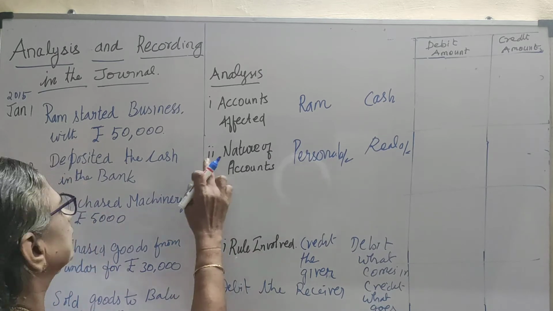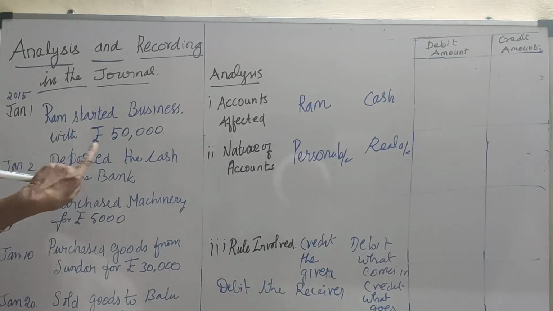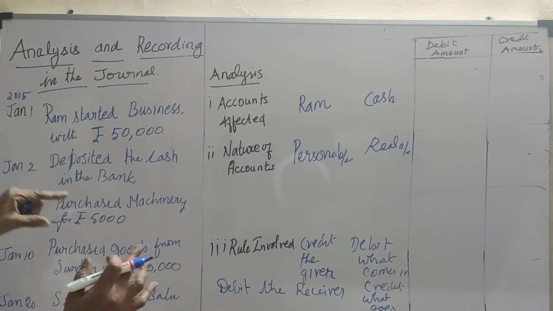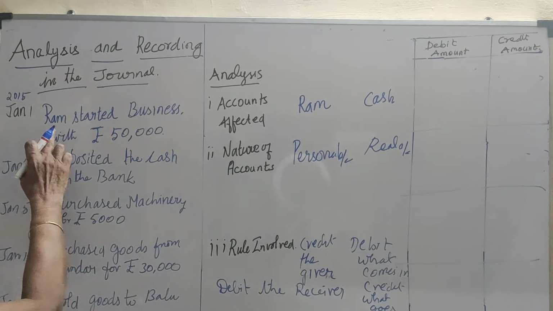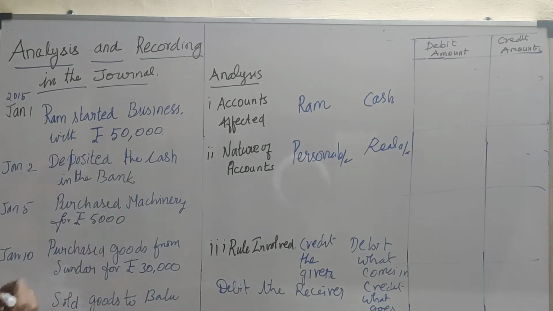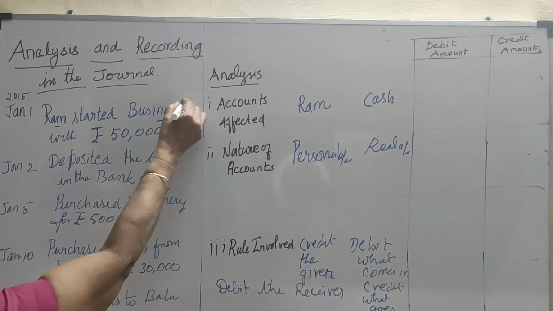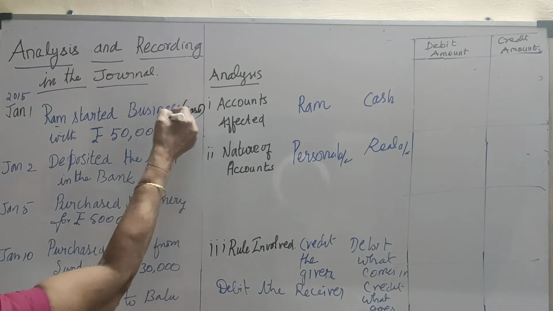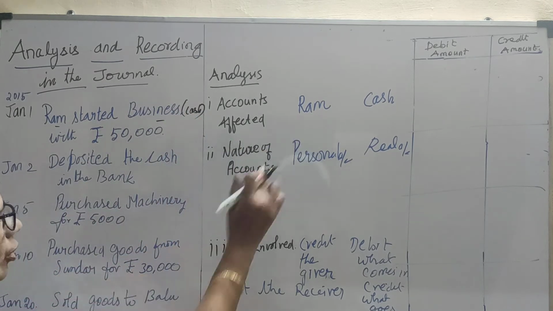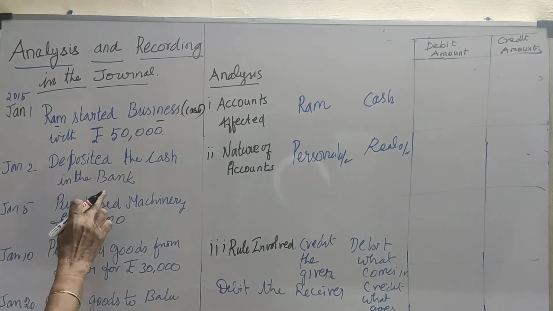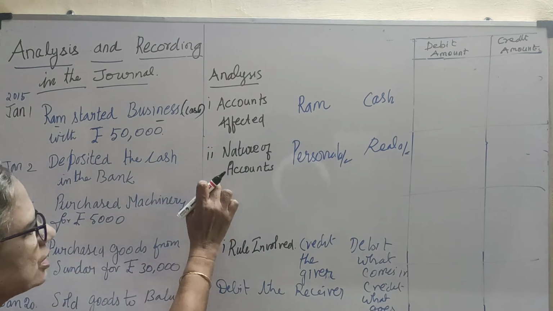Now let us see once again, Ram started business is the transaction. Now we are going to analyze the transaction. What are the 2 accounts affecting the business? Number 1, Ram. Number 2, business. Business we can say is cash also. Now Ram and cash, 2 accounts are affected. Next, what is the nature of the account?